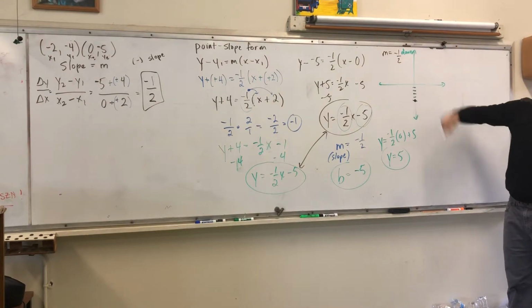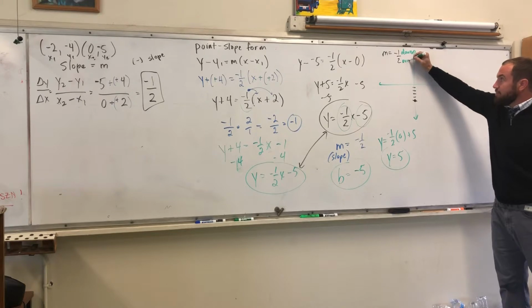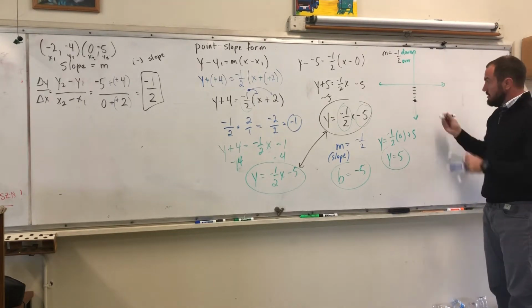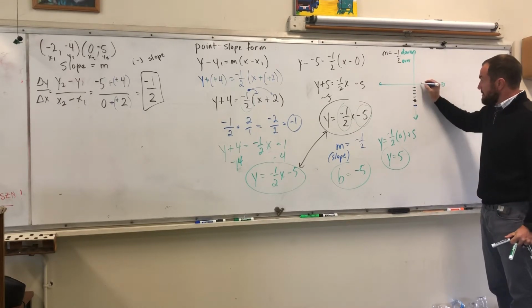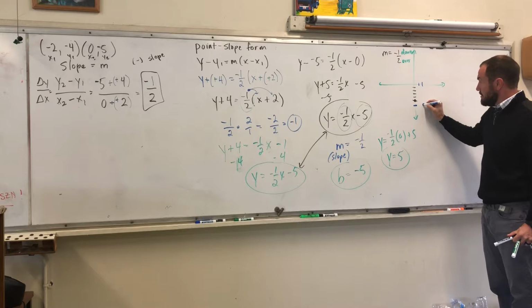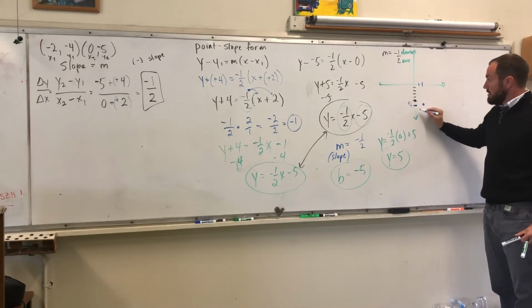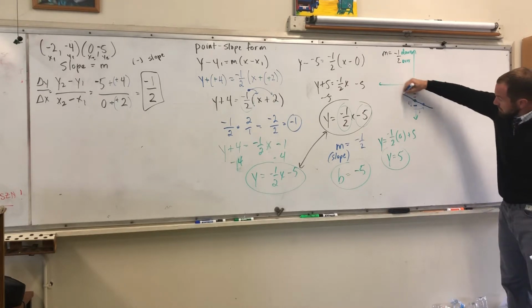We're going to start by going up or down, and then always over, considering that the bottom number here is positive, we're going over. So here we have down 1, over 2. Down 1, we've gone down negative 1, and then over our 2. And we can make our graph here.